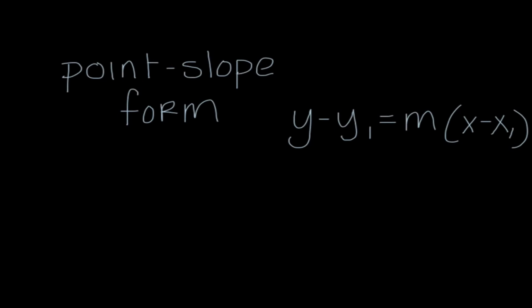Okay, and the point would be represented by x sub 1 and y sub 1, and the slope, which would be represented by m. And what we will see is often when we're using point-slope form, we will use that to kind of get the equation into the right form, and then we will isolate y to get it into y equals mx plus b form, which is pretty simple to do.